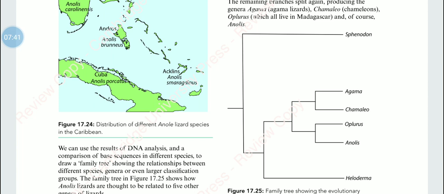These are different classes of evolutionary tree. At the end, in the present day, you have Sphenodon, Agama, Chameleo, Polychrus, Anolis, and Heloderma. These Agama, Chameleo, and Polychrus actually had a common ancestor, and at the leftmost part you have the single ancestor who gave rise to all of these different species by separation.